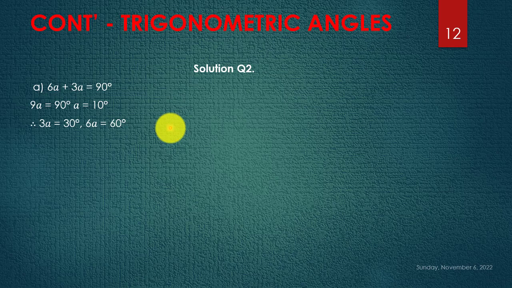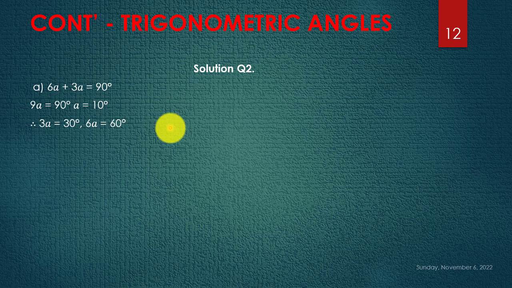So we are saying that from that particular diagram, the angles 6A and 3A sum together to give us 90 degrees. Why? Because there is a complement angle formed. So the sum of 6A and 3A gives 90 degrees.